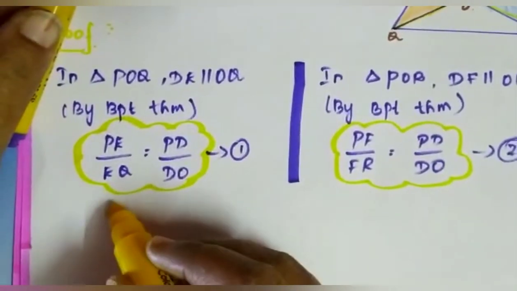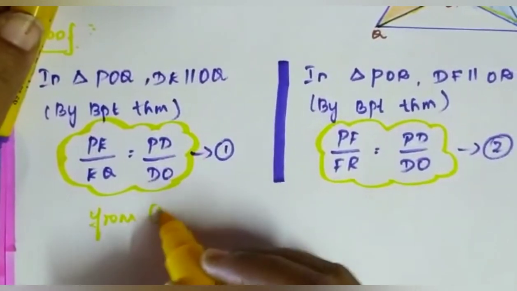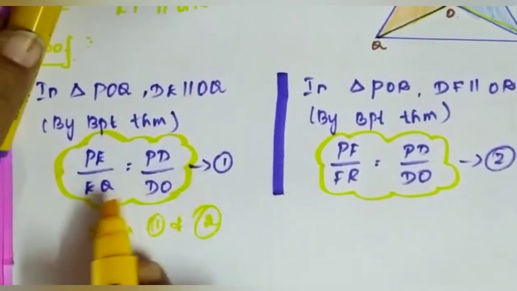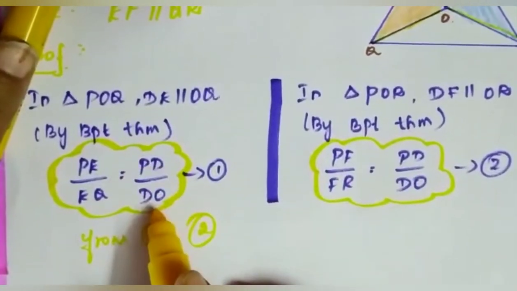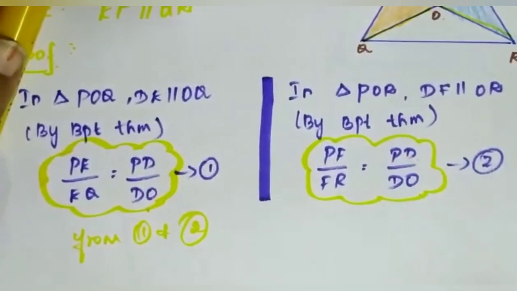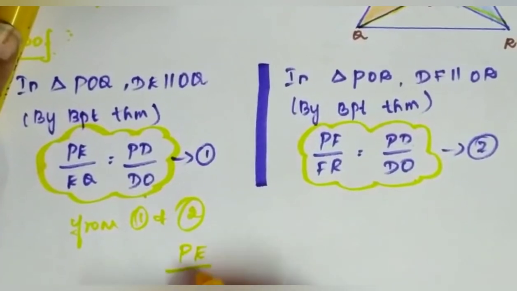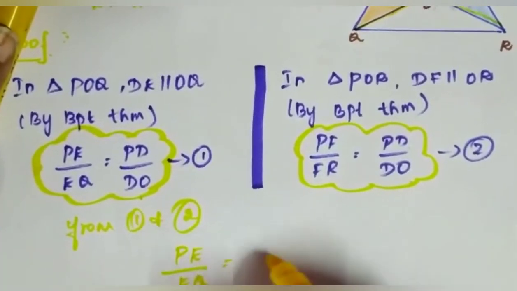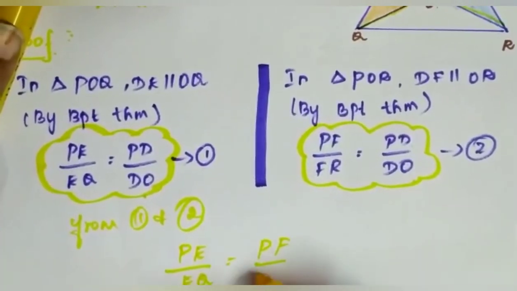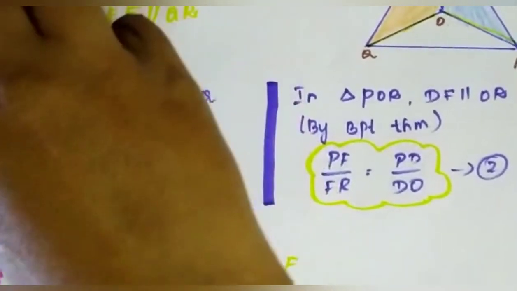From 1 and 2, which one can you cancel? PD divided by DO and PD divided by DO, we can cancel it and we can conclude that PE divided by EQ and PF divided by FR. Clear?